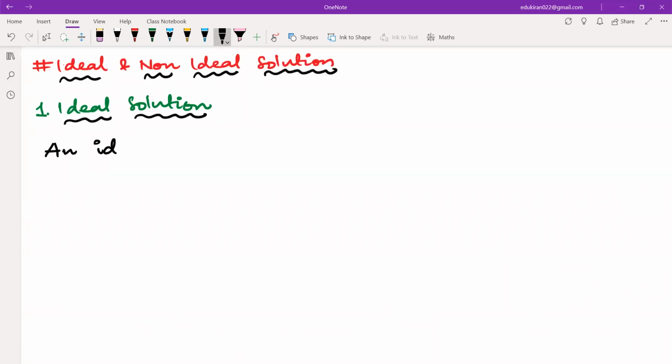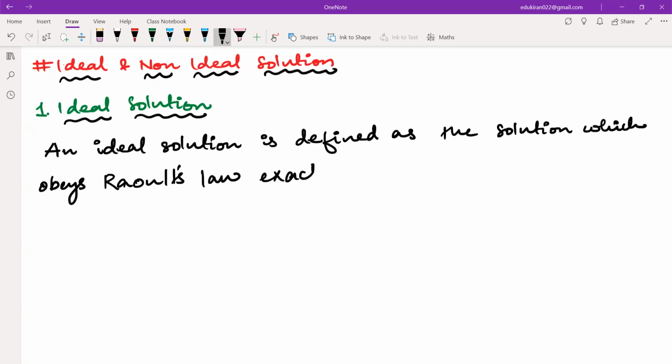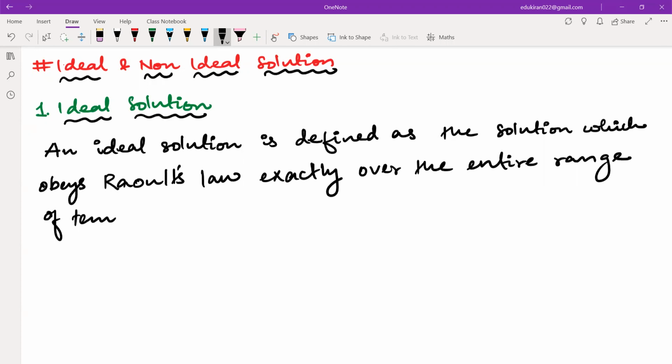Please write: an ideal solution is defined as the solution which obeys Raoult's law exactly over the entire range of temperature.